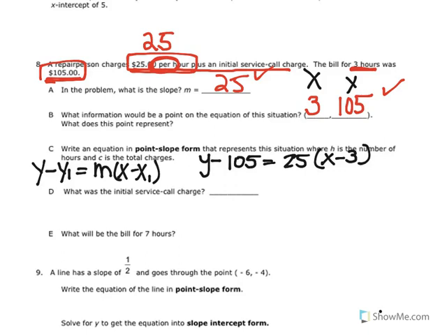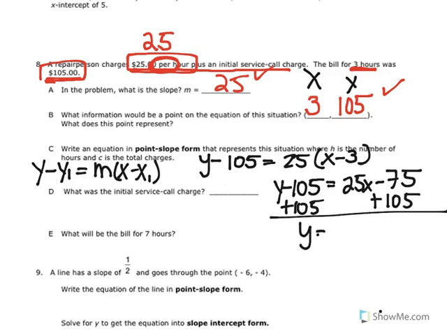Okay? So we're going to say y minus 105 is equal to 25x minus 75. And let's go ahead and add 105 to both sides.